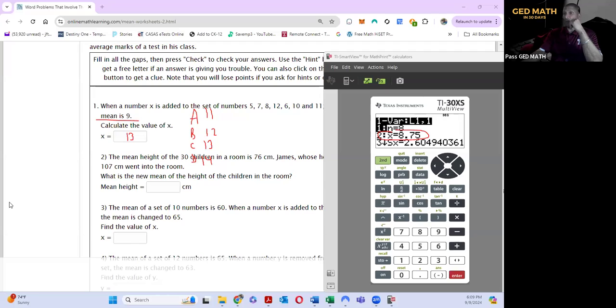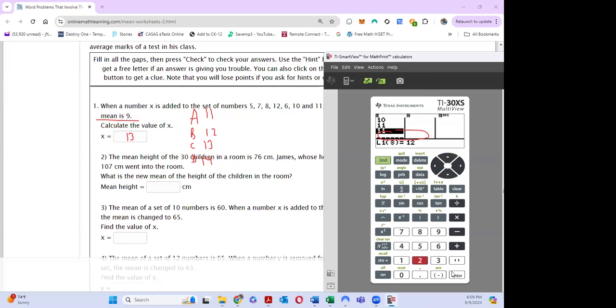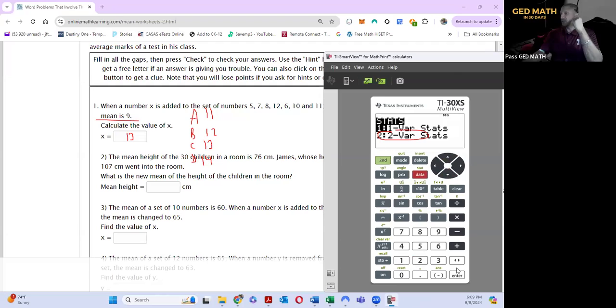So I go back in to my calculator and I change that last number to 12. And I do the same thing. Second data, one variable, calculate. See what my average is? 8.875.